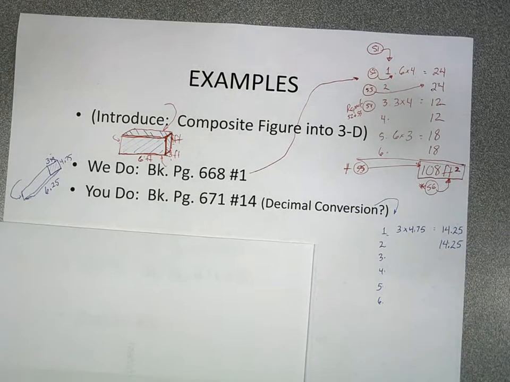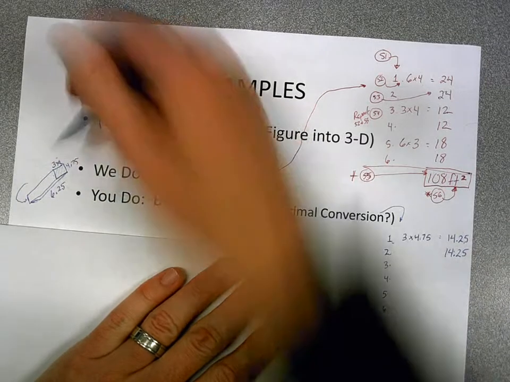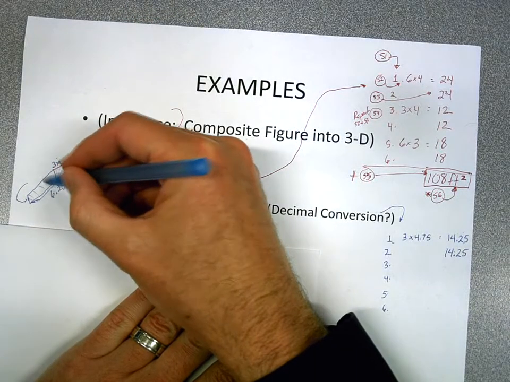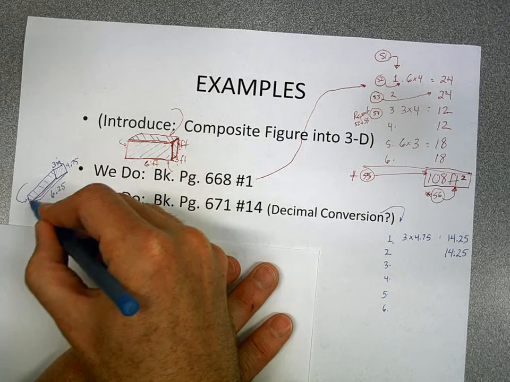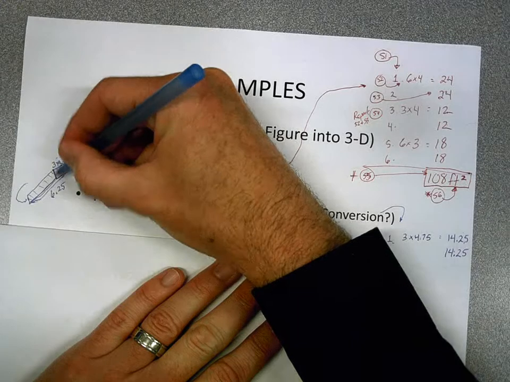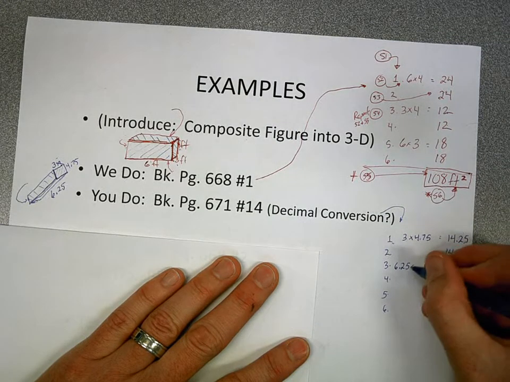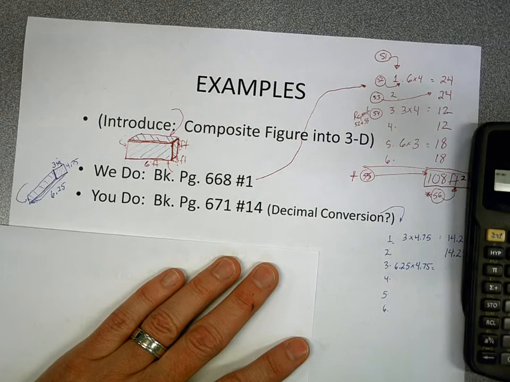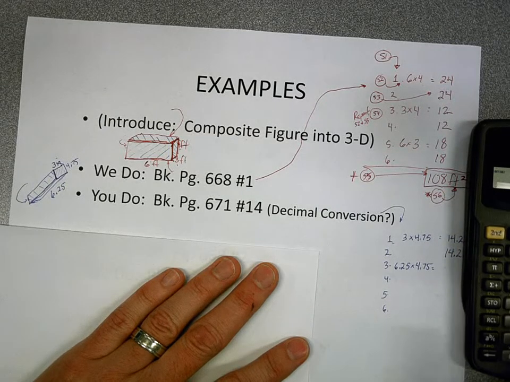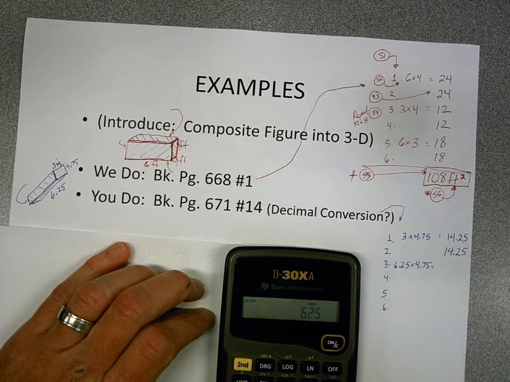Now I'm going to repeat those two steps 2 more times. So here we go. Let me focus in on this side here. This is a 6.25 by 4.75. So I'll punch that into my calculator, 6.25, times 4.75.